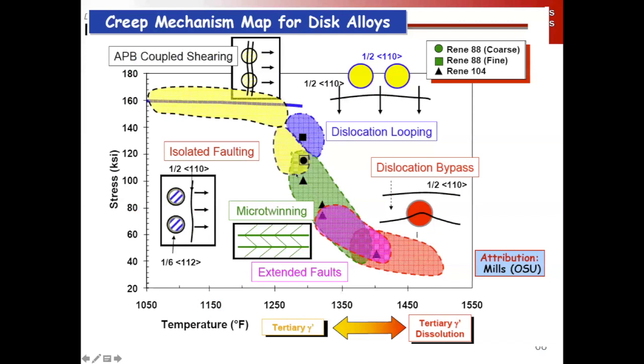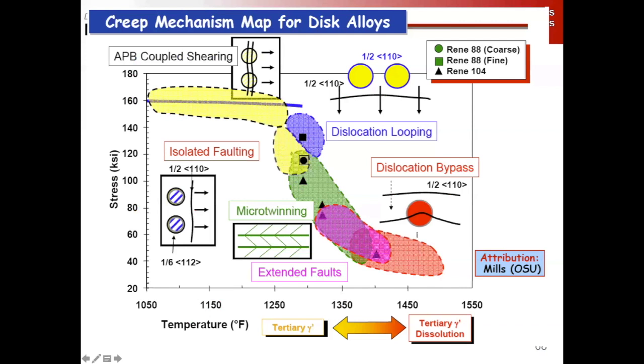Then micro-twinning, and dislocation climb bypass is the highest. But micro-twinning and extended faults are dislocation cutting mechanisms that require a local rearrangement of the atomic structure, right? So it's not just a shear, it's a shear and a shuffle of atoms diffusing from one plane to the next to accommodate these.